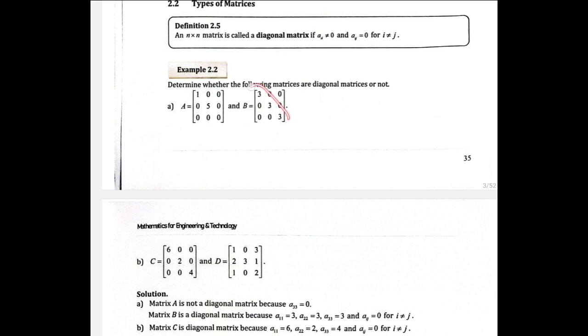So this is a kind of diagonal matrix where only the diagonal elements have values and the others are zeros. For A here, we have one element that is not on the diagonal line that is not 0, so this is not a diagonal matrix.